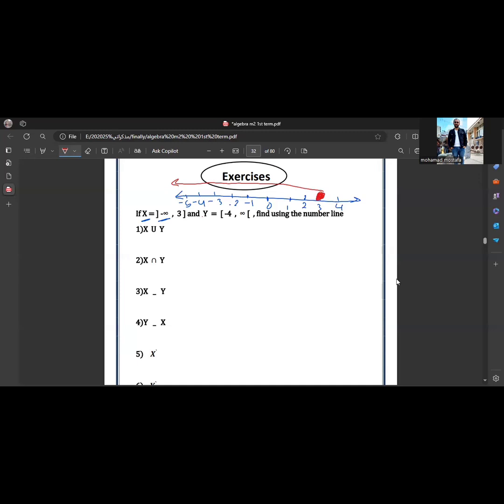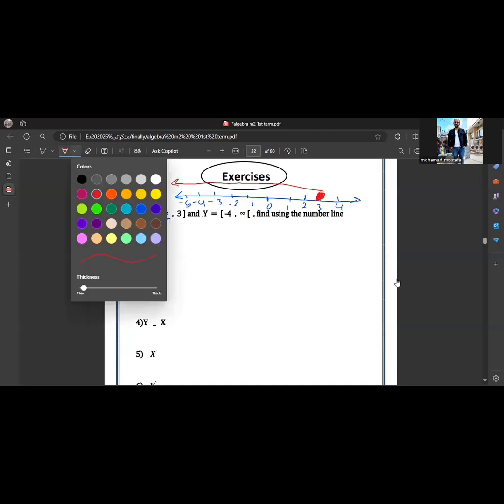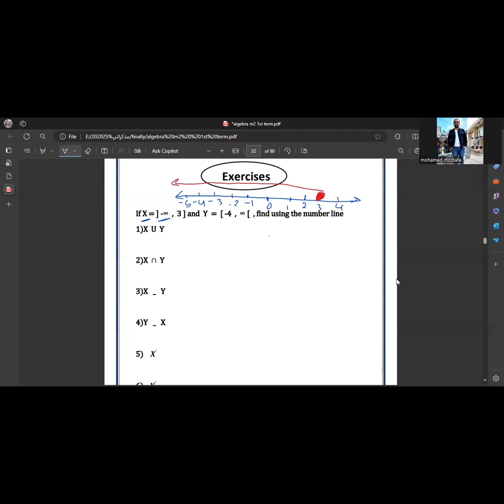Then draw the interval of y with another color, brown. From negative 4 closed to the positive numbers. Let's shade the common part. All right, let's try.